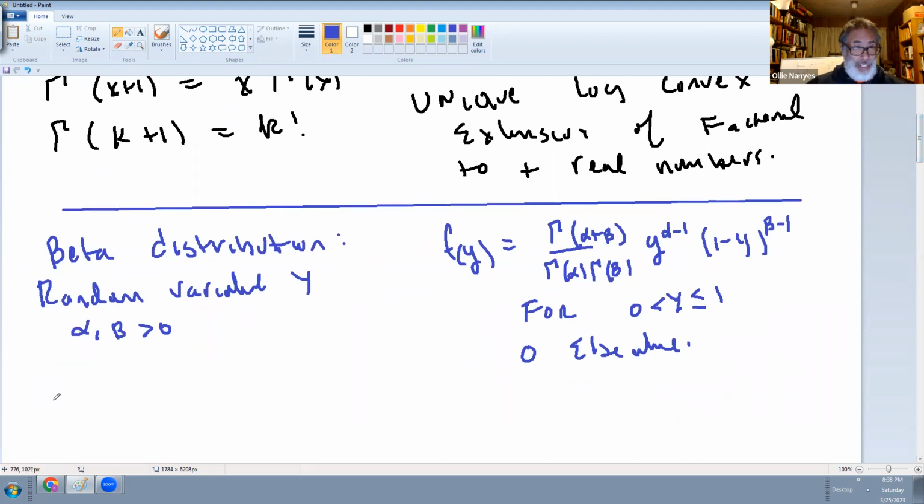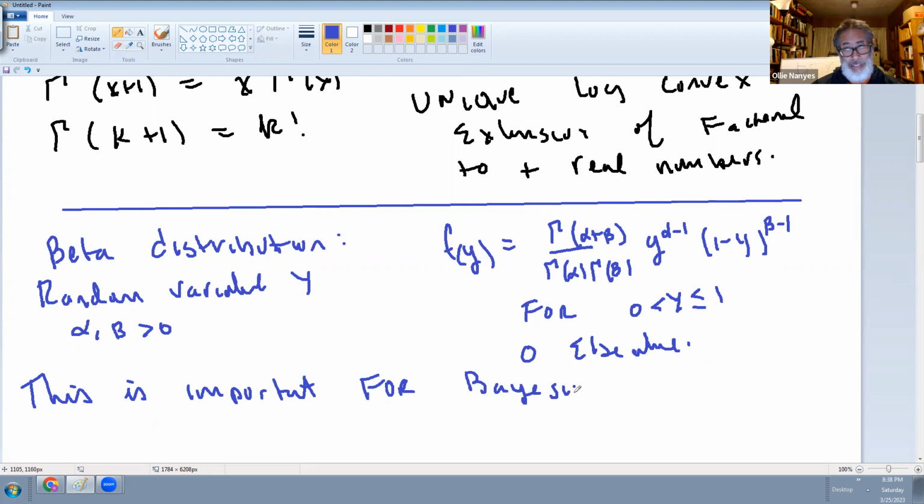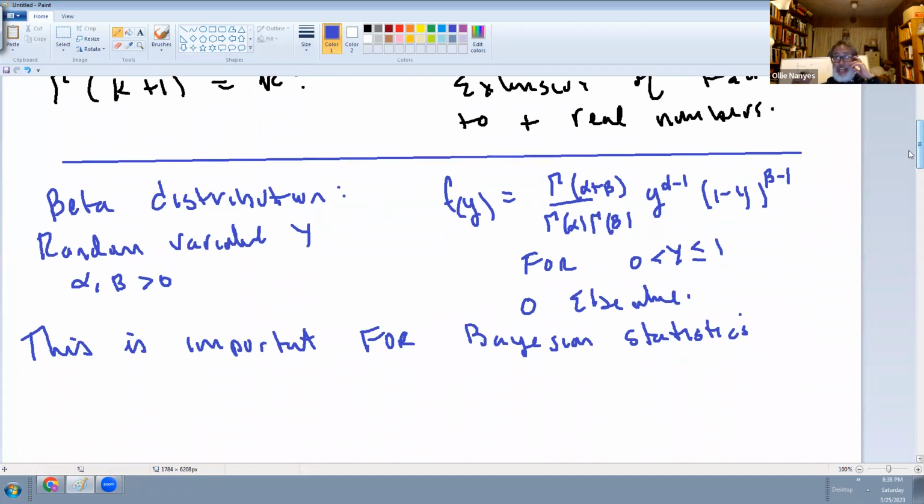That's a density function. And this is important for Bayesian statistics. It's often used when, let's say, you have either a binomial distribution or something like a geometric distribution, and your parameter p, the probability, is itself a random variable.